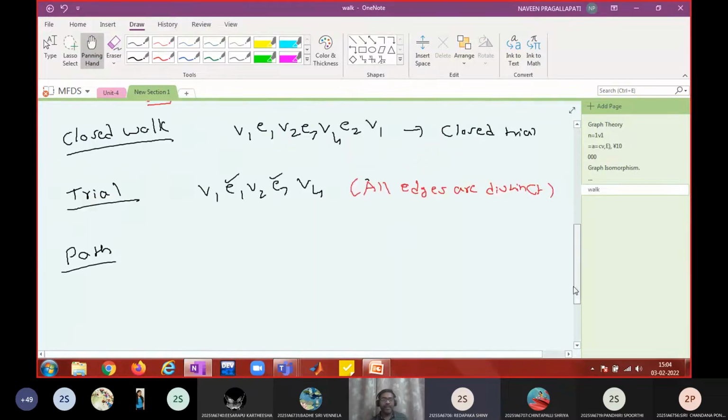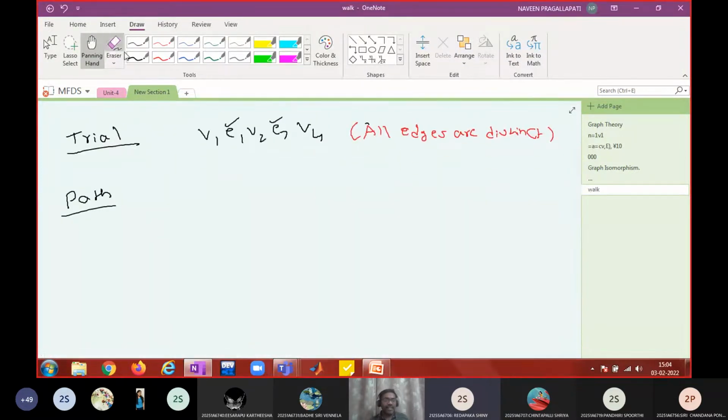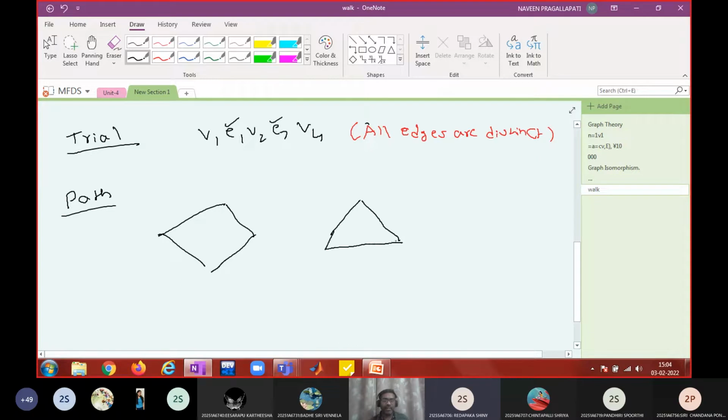So what do you mean by an even cycle and an odd cycle? These two are examples of cycles, right? Call this G1 and this G2. What is the length of G1? How many edges are there? 4.